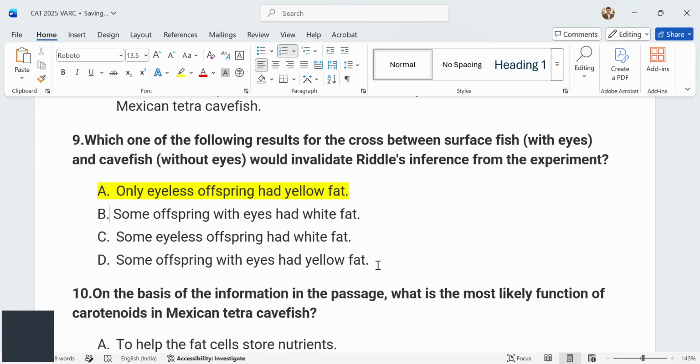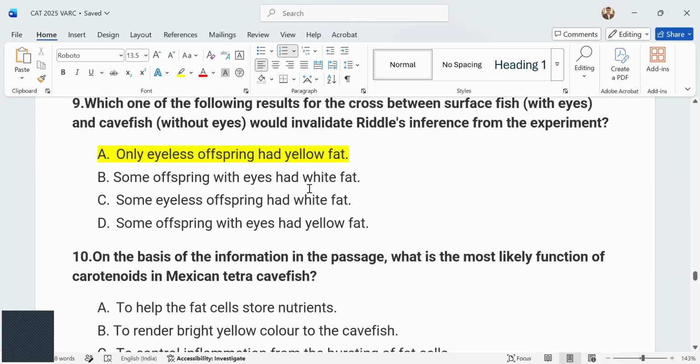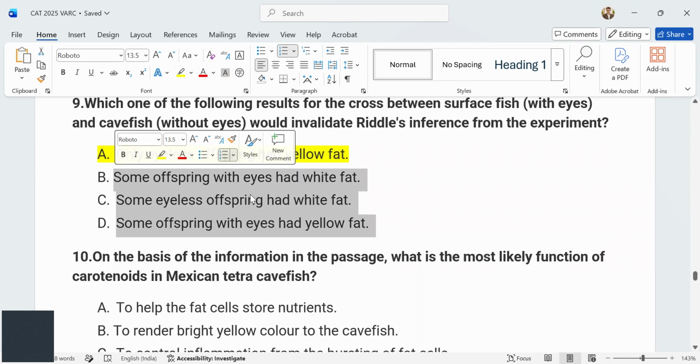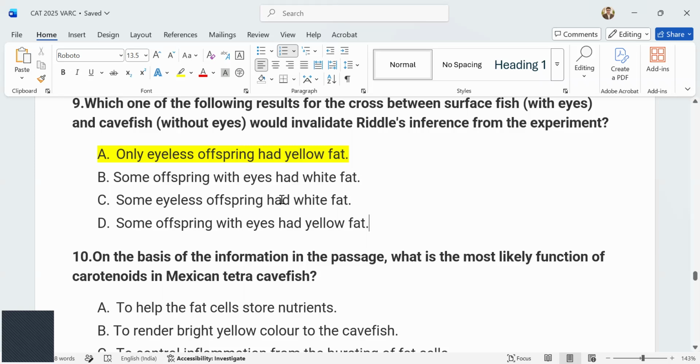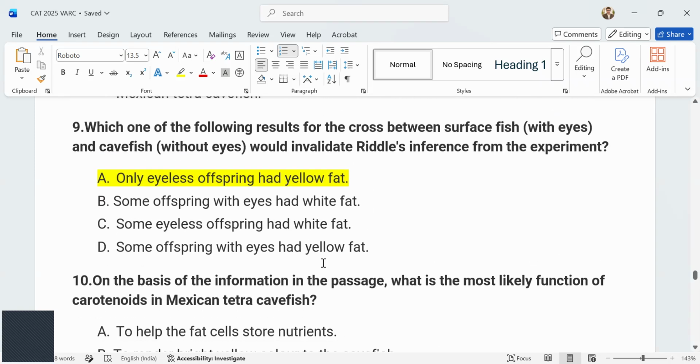If only eyeless offspring had yellow fat, then only he would have been able to conclude such a hypothesis. But it doesn't happen because he discovered that some eyeless offspring also had white fat, right? And all these results could have been there as well, because random results were there. There was no particular result from which he can conclude.